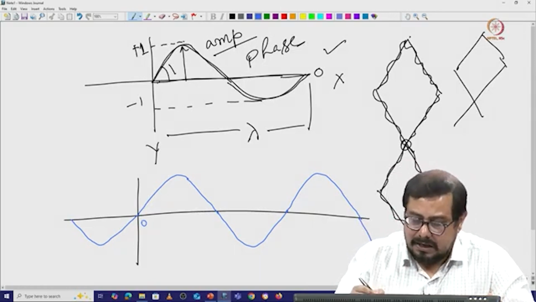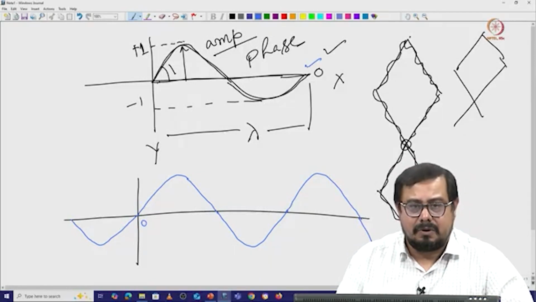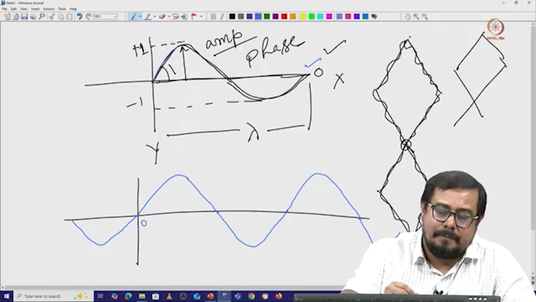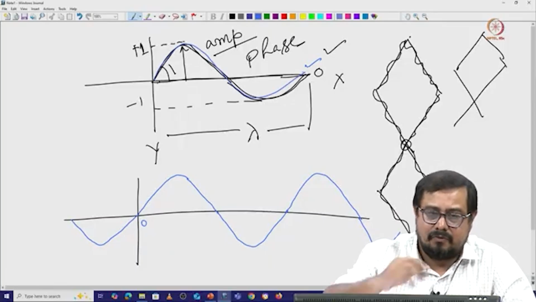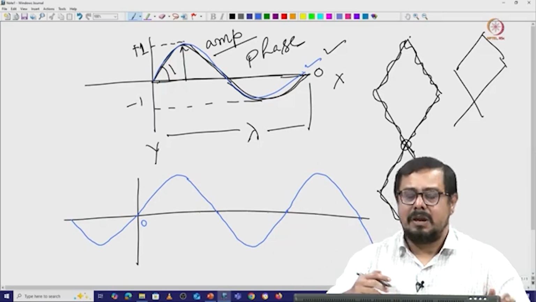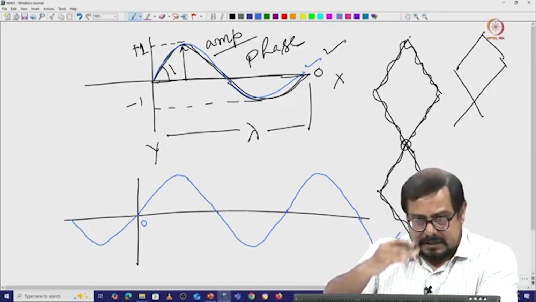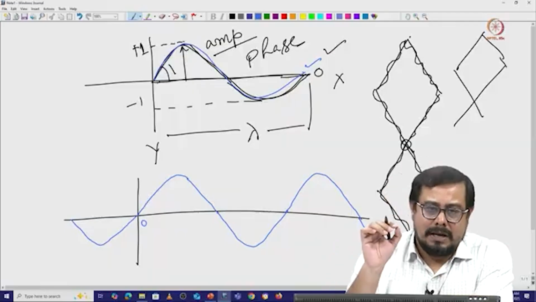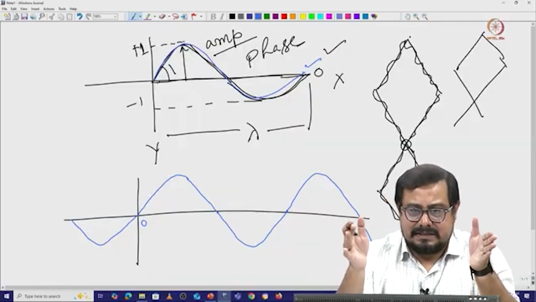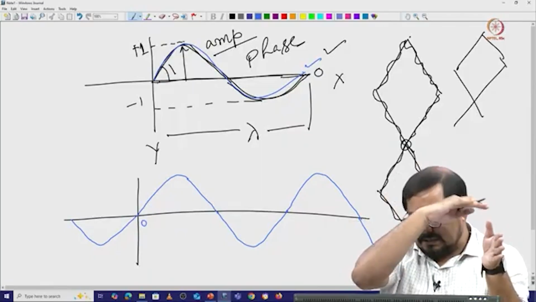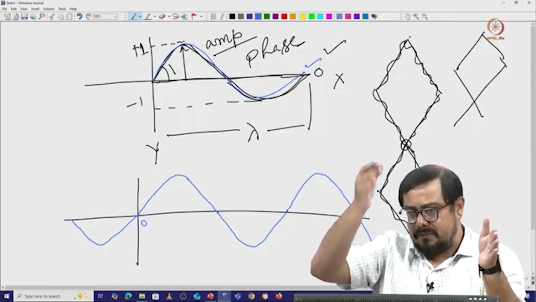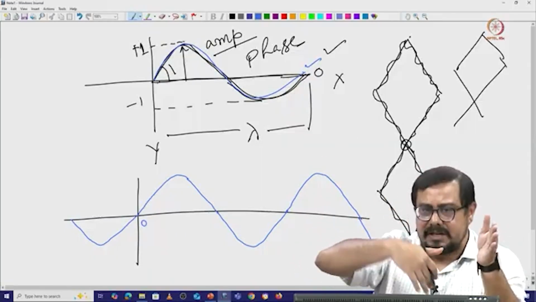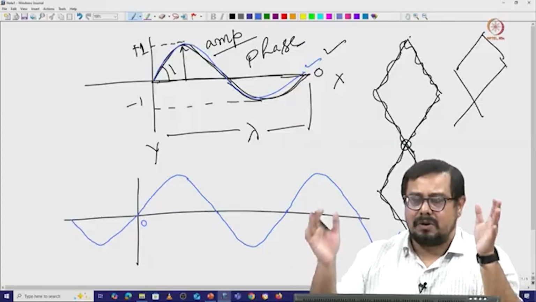So, I told you that if you just consider this particular wave, this is one full cycle, and we can tell that it is completing one wavelength. In a certain distance, in a unit distance, how many waves are going? So, how many oscillations are there, that is called the frequency.